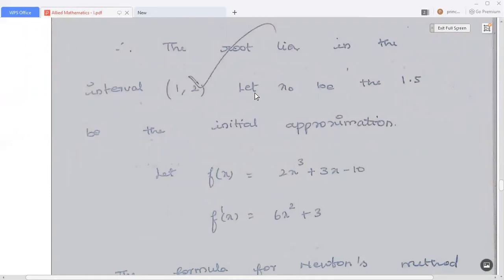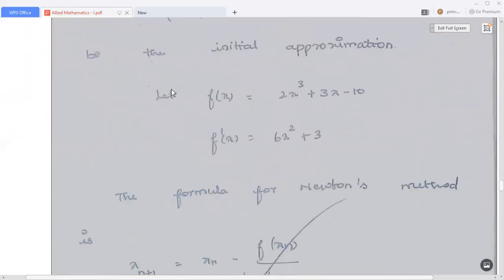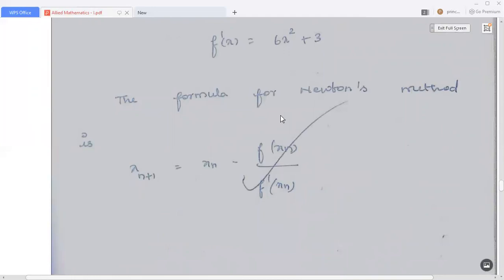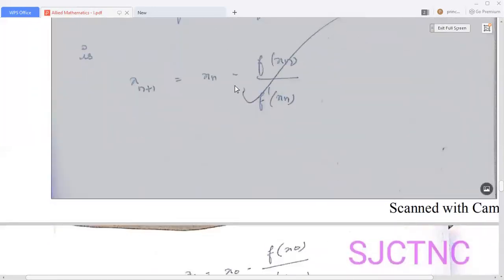Now we choose the initial approximation x0. That is x0 equal to 1.5. Here f of x equal to 2x cube plus 3x minus 10. f dash of x equal to 6x square plus 3. The formula for Newton's method is xn plus 1 is equal to xn minus f of xn by f dash of xn.